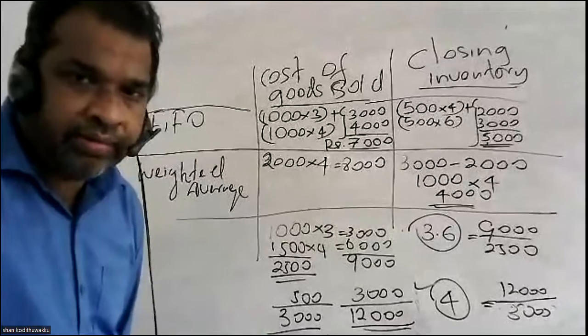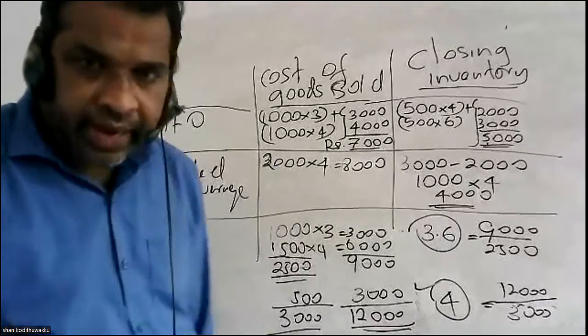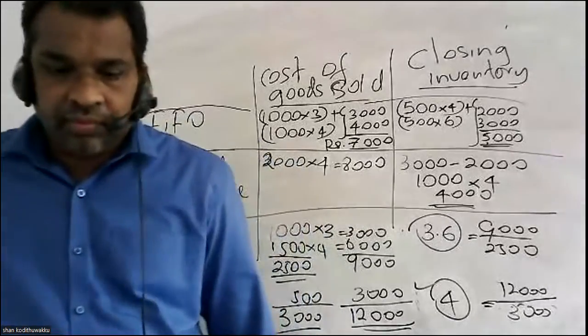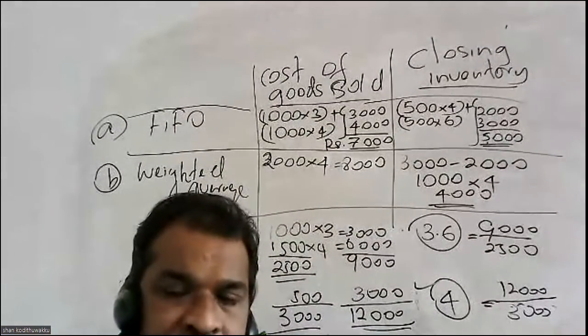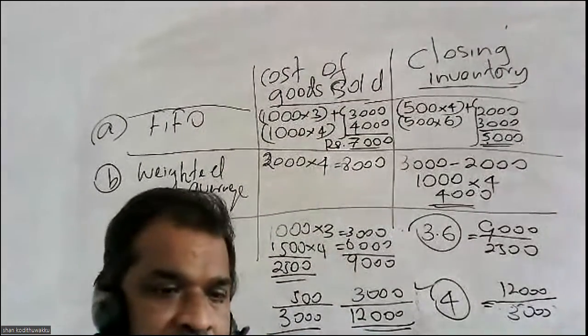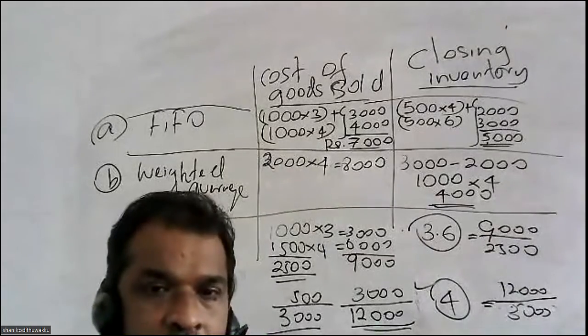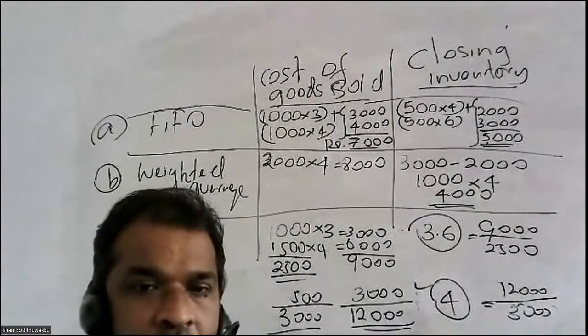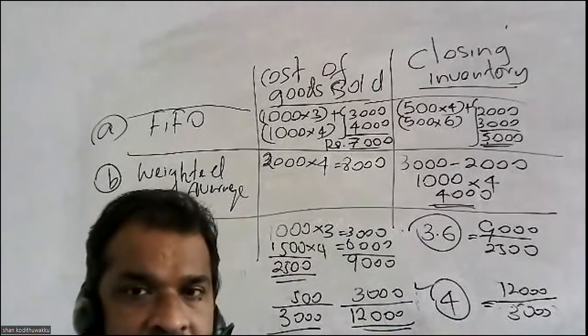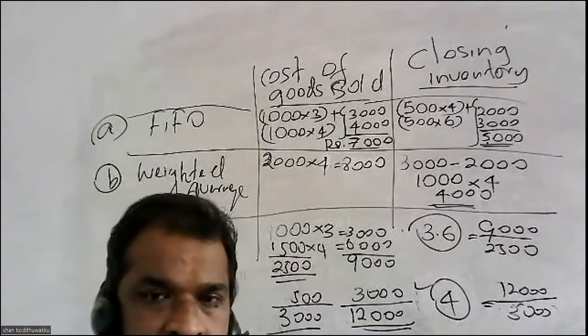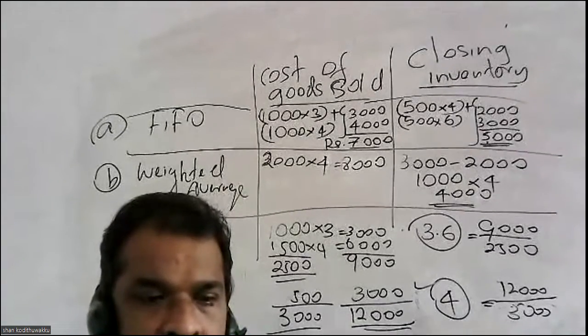How did I calculate? If I explain again, when it comes to FIFO, we issue from the oldest stock, what we had purchased earlier.